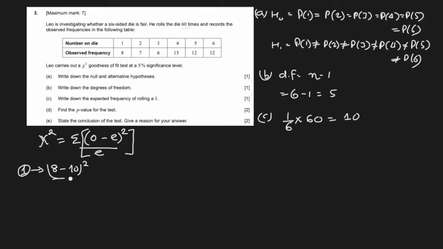So 8 minus 10 squared over 10. Similarly, for 2, it will be 7 minus 10 squared over 10.